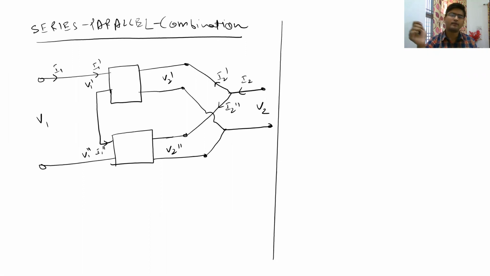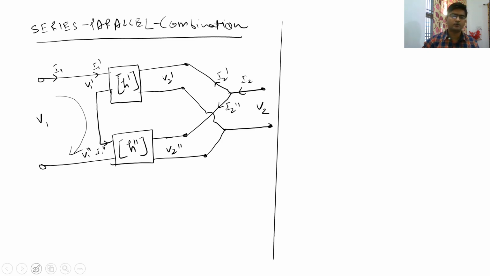It was hybrid parameter. So definitely in hybrid parameter we have input as a series circuit and output as a parallel circuit. So let me call them a combination of two hybrid parameter networks. Let me call them H dash, which is nothing but the matrix of H11 dash, H12 dash, H21 dash, and H22 dash. And let me call this H double dash, right?